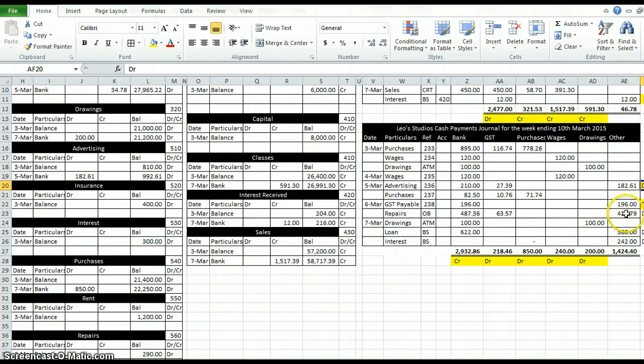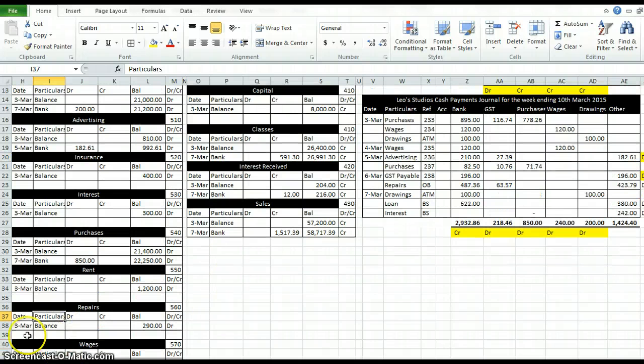Then we've got, next one not added is repairs. Repairs down here. Date it happened was the 6th of March. Always bank, equals because it's a debit. There's your figure, 423, and add that one up. Debit, still an expense. Mark that off.